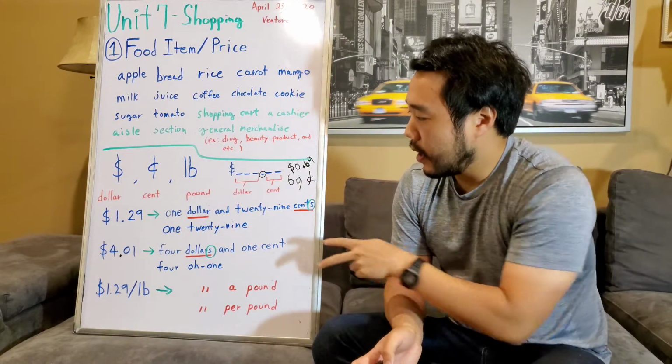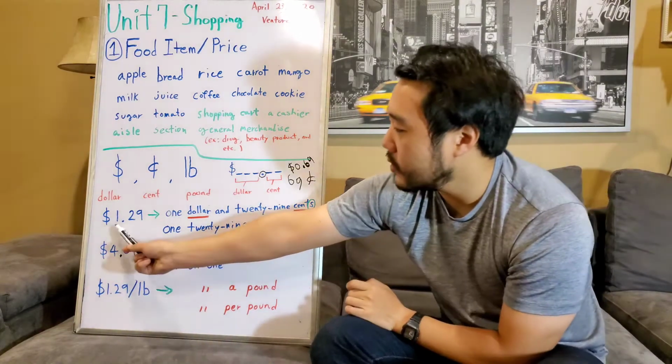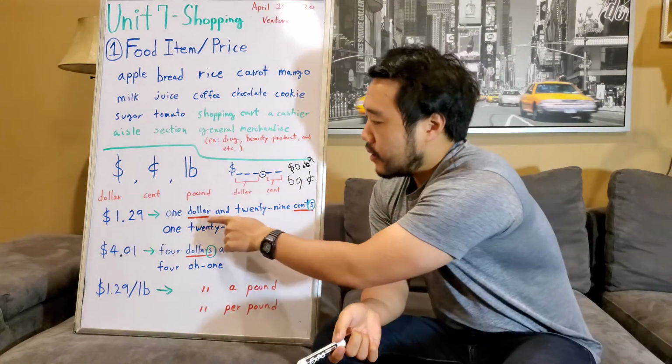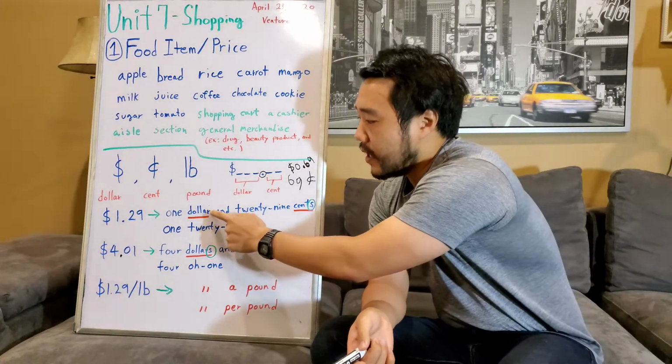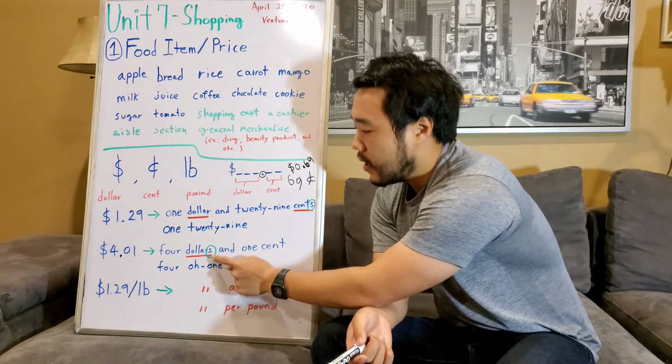And here another important thing you need to realize is that here we have $1 and here we have $4. There's $1, so it's singular, so we don't need an S. But there are $4, more than one, so we need to add an S here.